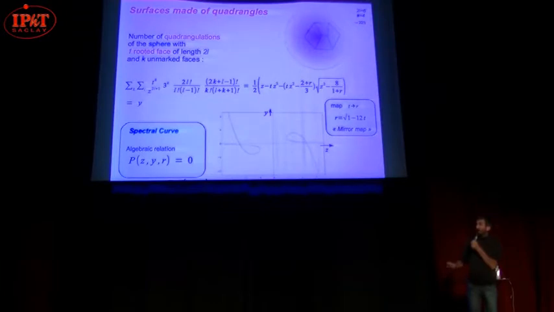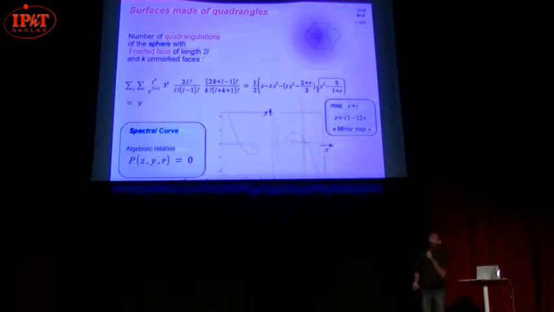First remark, everything is rational in this variable R and not in T. T was our original variable associated to our counting problem, and R is a variable more convenient to describe the spectral curve. The map between T and R, we shall call the mirror map, in analogy with what happens in string theory, for instance.